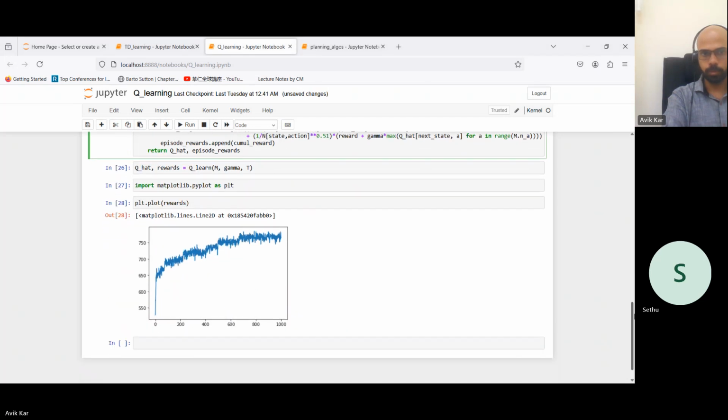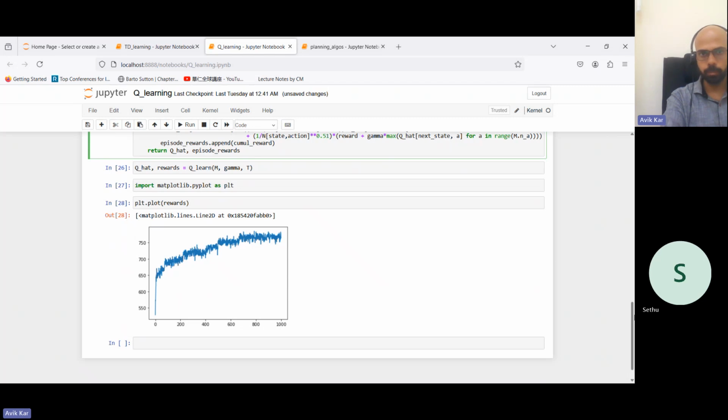Here you can see that the rewards are increasing. From the first episode it's around 650 and in the last episode it's around 750.